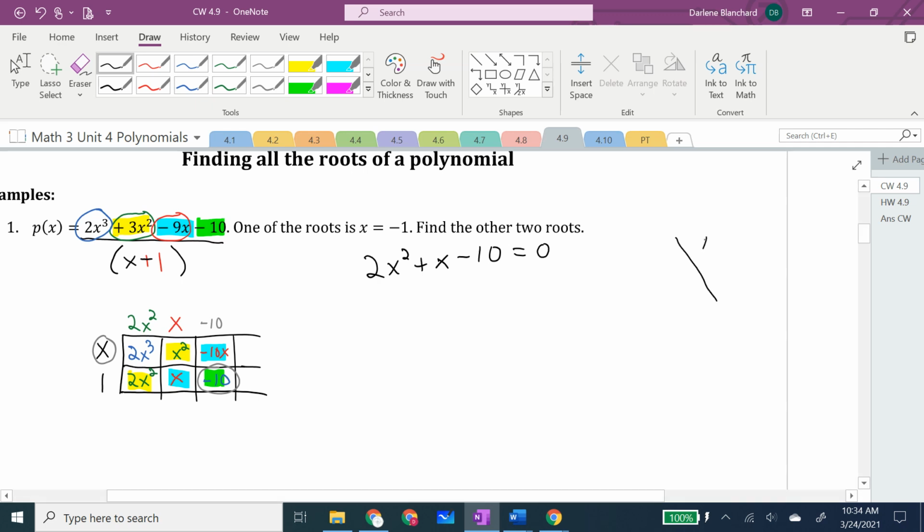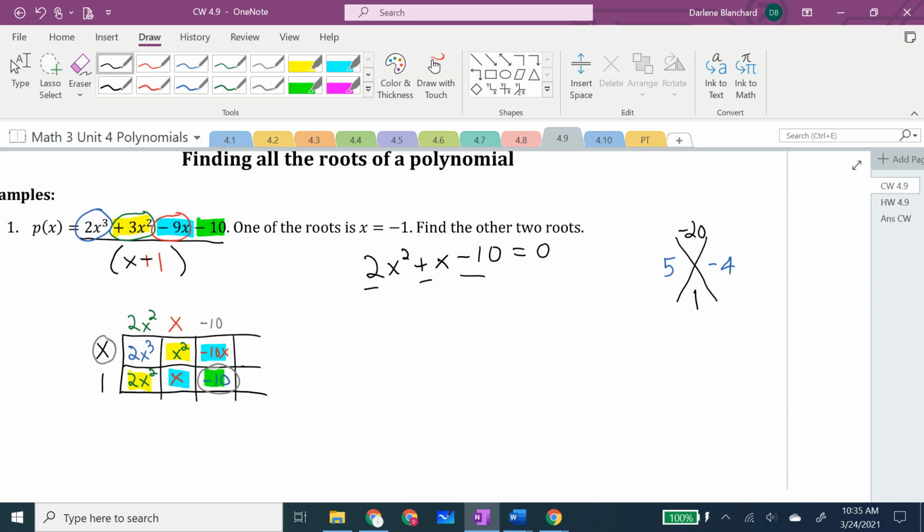And I'll go through the diamond method of 2 times negative 10. And the b number is positive 1. I need to find 2 numbers that multiply to make negative 20, add to make a positive 1. And hopefully it doesn't take you too long to see that that's going to be a positive 5 times a negative 4.